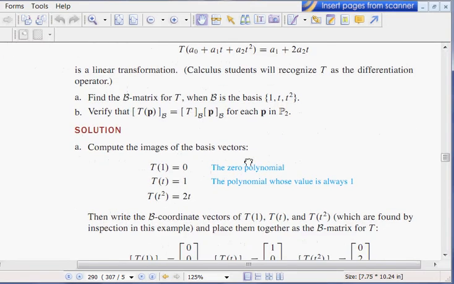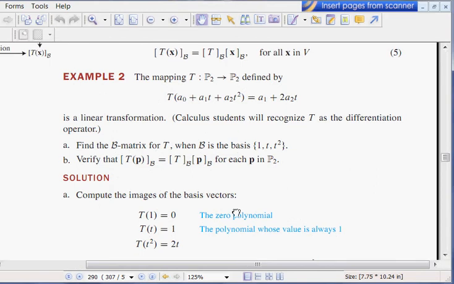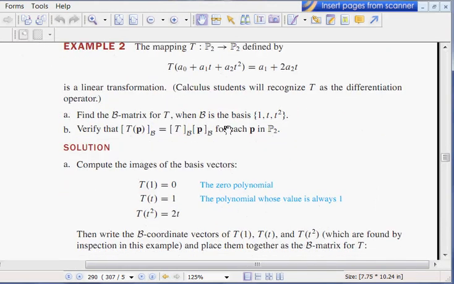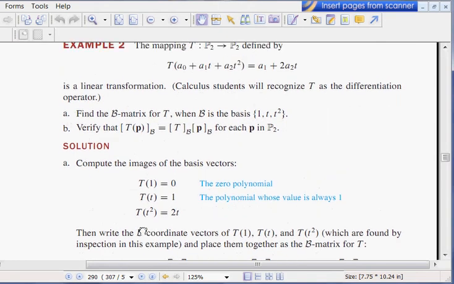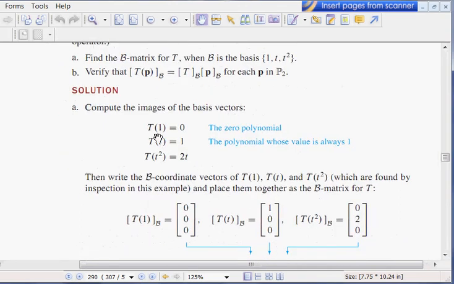So what happens, right? Well, you know the basis vectors in terms of whatever you put into the transformation function. So what you do is you transform each basis vector: 1, t, and t squared.